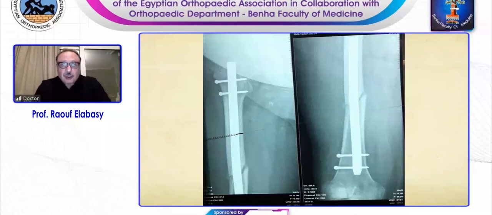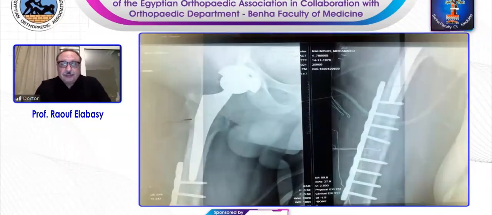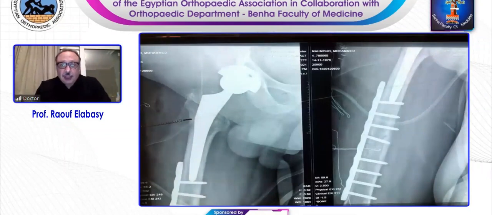So we took the nail and the fracture was non-united. So we put a locking plate, and we did a total hip replacement. I was planning to bypass the fracture, but it was very difficult because the fracture was not united at all. So there was an element of rotation.